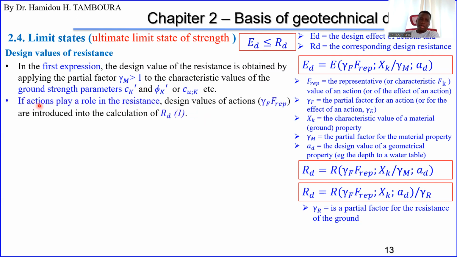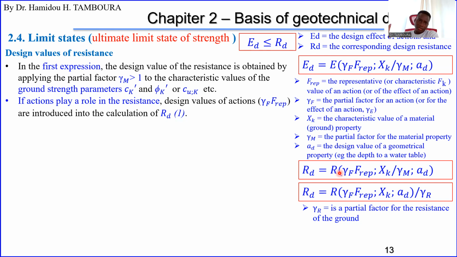Okay, so if the action on the ground plays a role in resistance, then the design value of action, this action, applies. It doesn't mean that you have this anytime, only when the action is contributing to the resistance. For example, if you have a retaining wall, from each side you have ground.